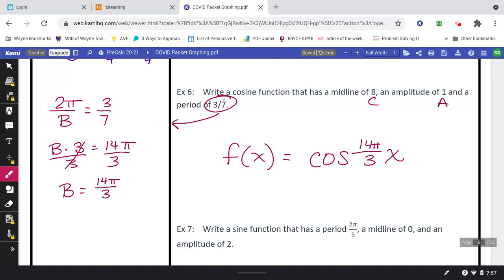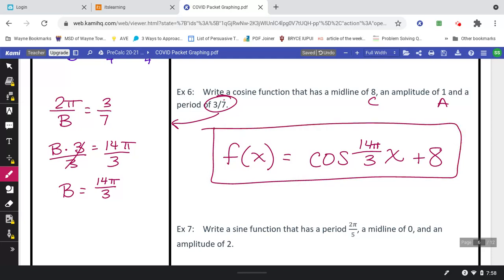You need that x there, otherwise it's not an actual equation. And then a midline of 8, plus 8. And again, you can use f of x or y. Those are both going to represent the same thing. F of x is the same as y.